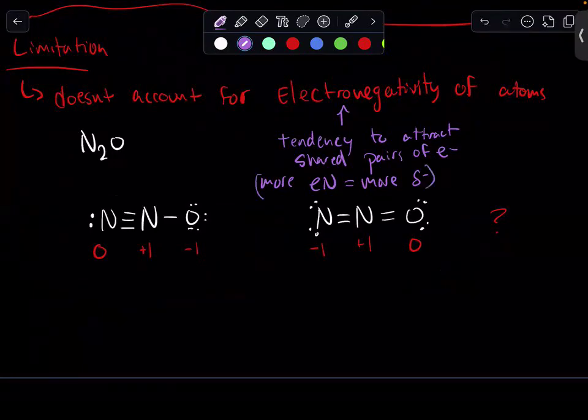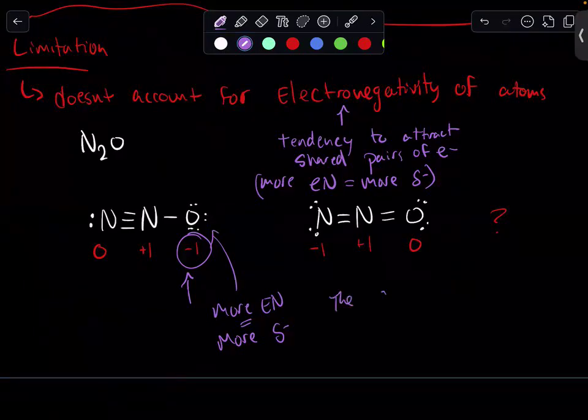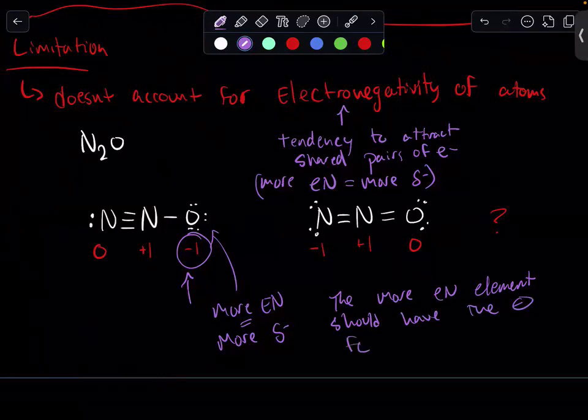So in this example, which is more electronegative? And the answer is oxygen is more electronegative. Therefore, it should be more partially negative, meaning that we want to take the structure that provides a negative charge to the more electronegative element. So the more electronegative element should have the negative formal charge.